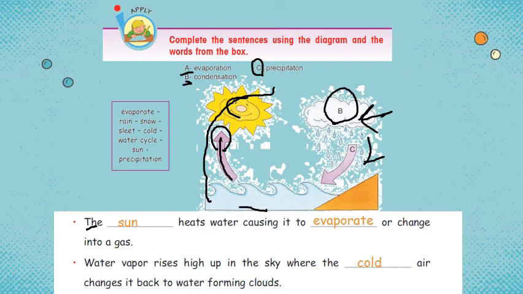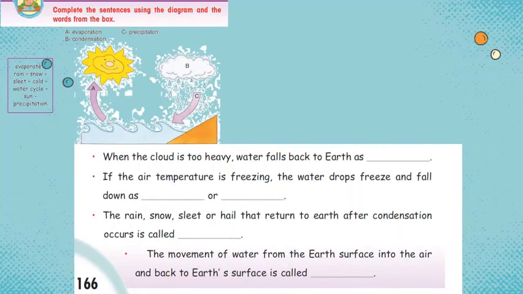Where the cold air changes it back to water, forming clouds. When the cloud is too heavy, water falls back to earth as rain. If the air temperature is freezing, the water drops freeze and fall down as snow or sleet.